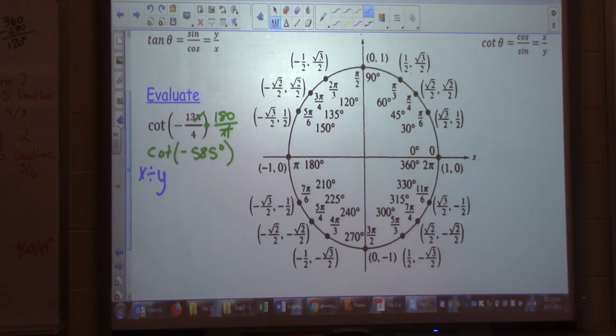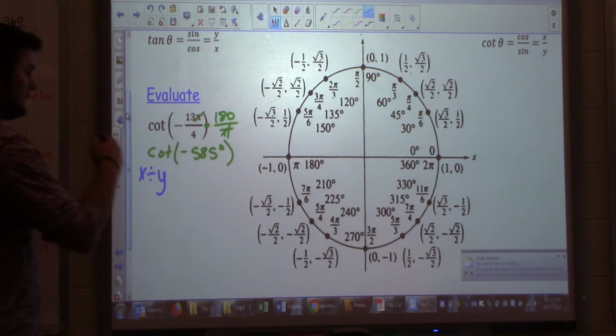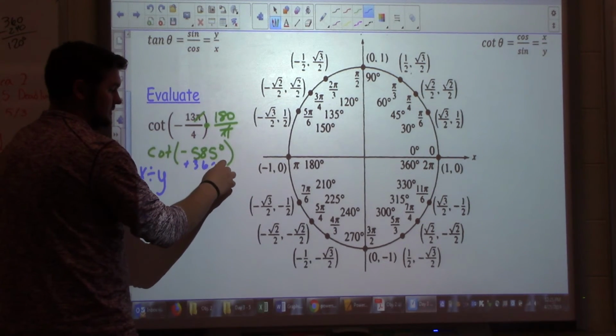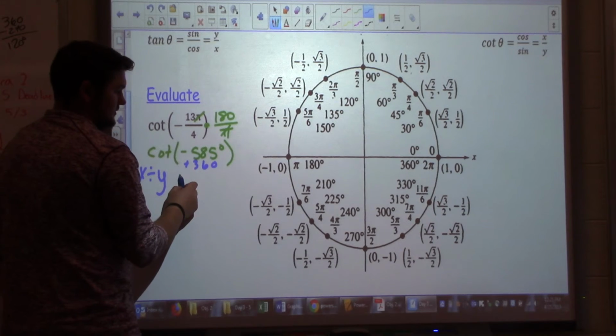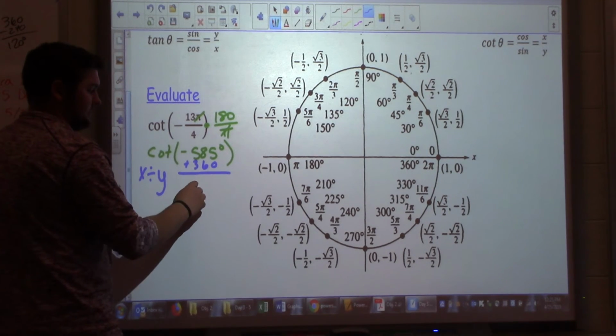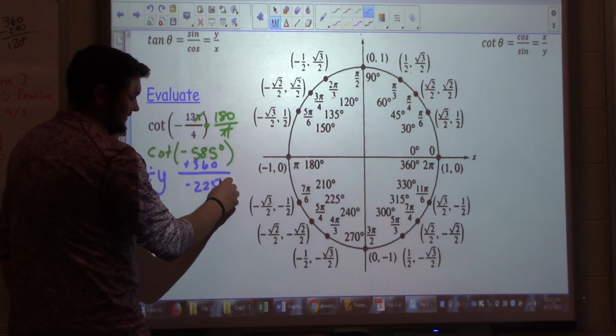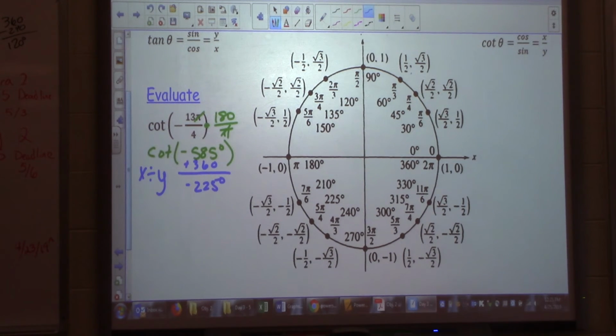Well, negative 585. No, it's too big, right? So let's take 360 off of it. That's going to leave me with negative 225 degrees. Well, negative 225, I can figure out the positive angle measure for that.